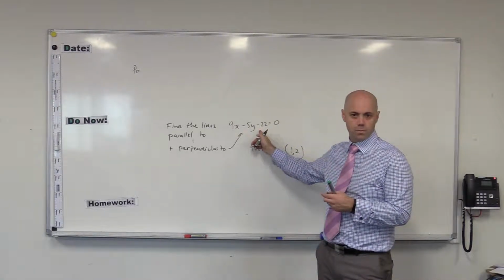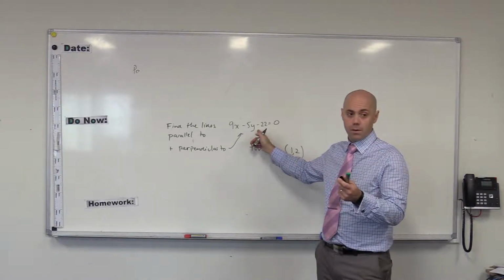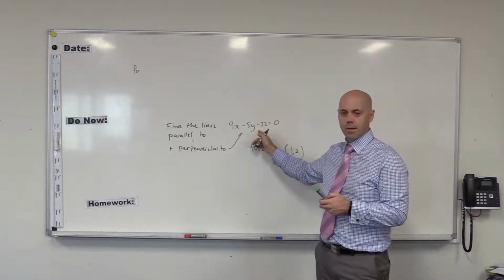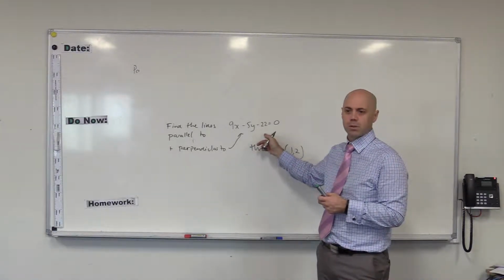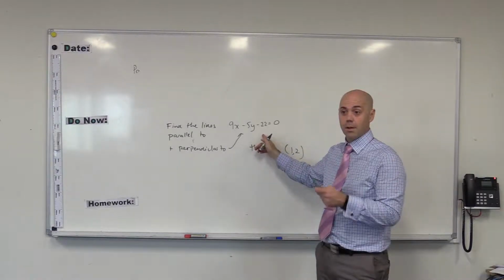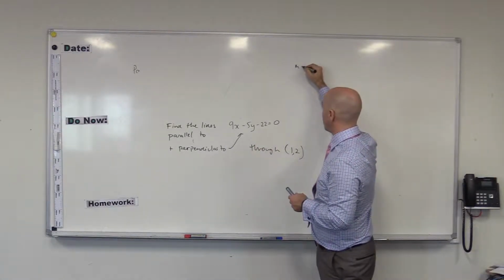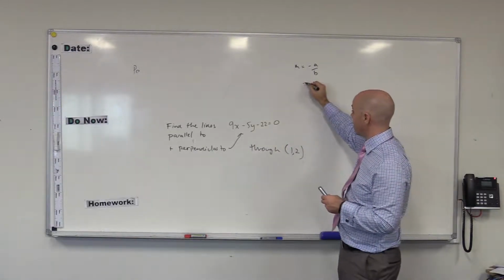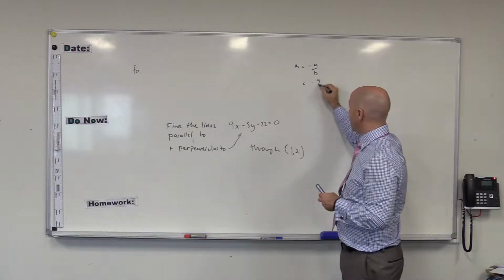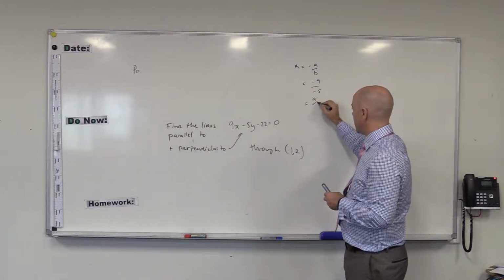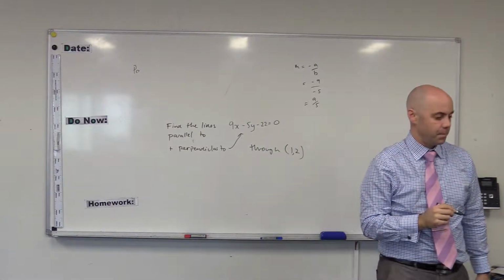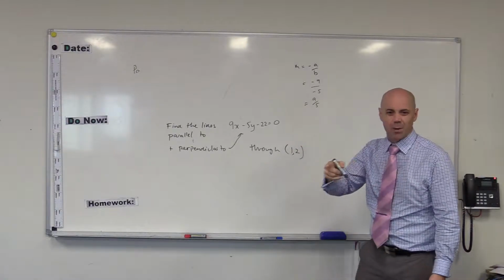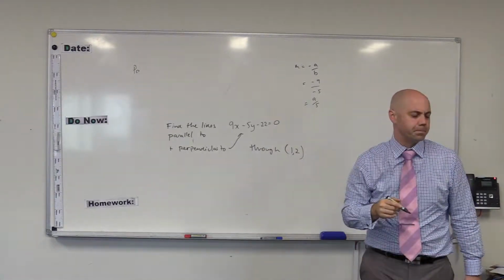You can put the y on its own, but what's the quick way? Gradient is -a over b from this form. So our gradient equals -9 over -5, or just 9 over 5. That's a quick way to work it out from the general form, though you can rearrange it.